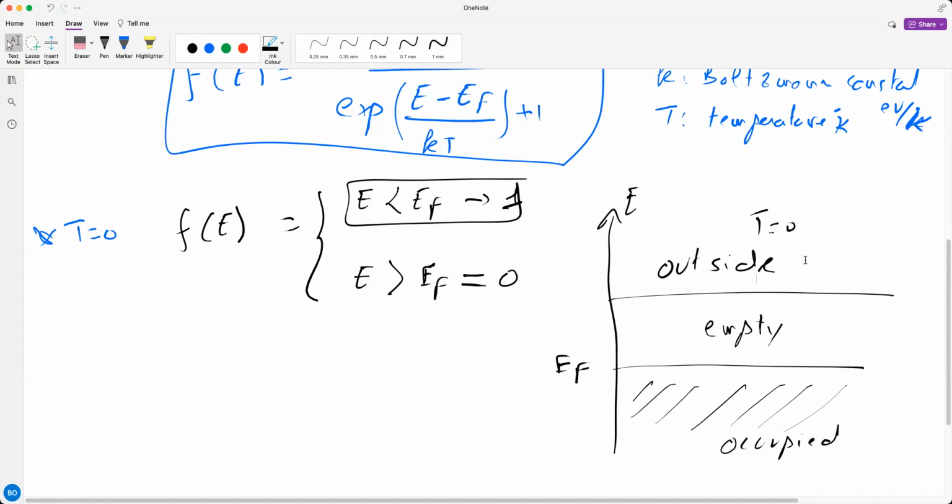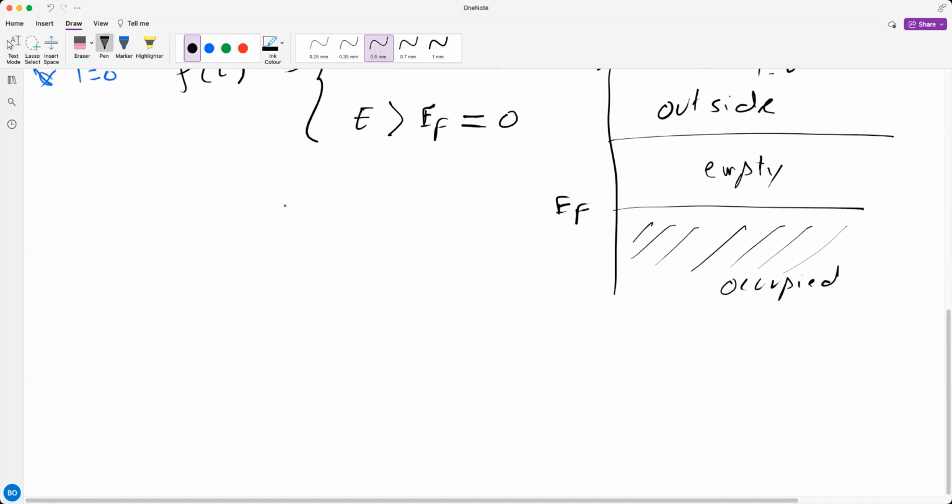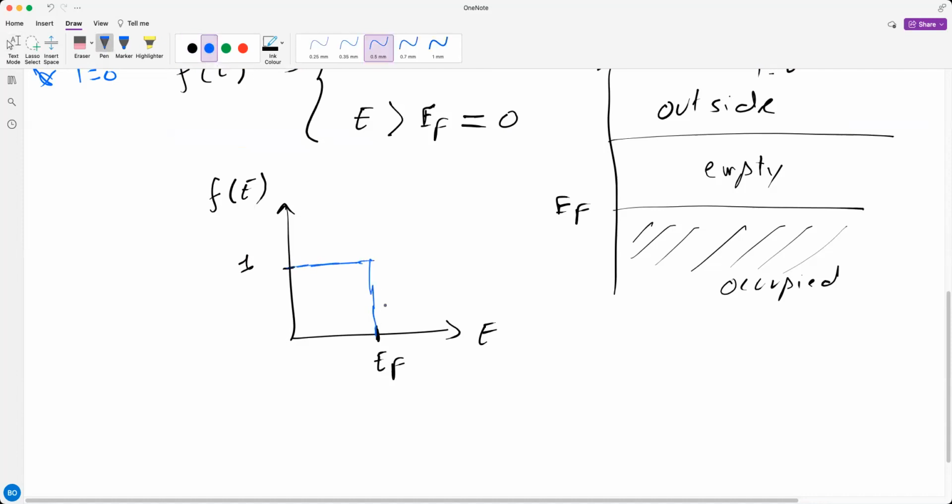We also look at it from this plot that we described yesterday, the probability of occupation as a function of energy. This is the Fermi level, and this is 1. So any energy that is less than the Fermi energy has a probability of 1.